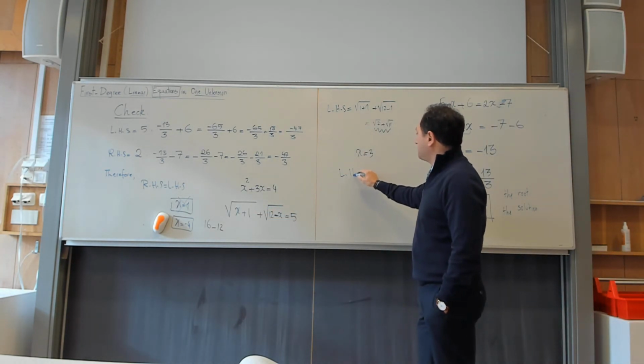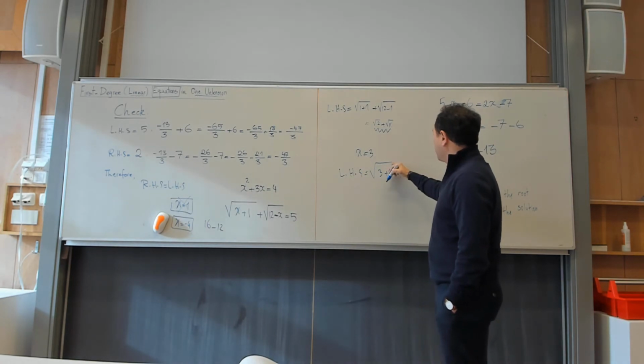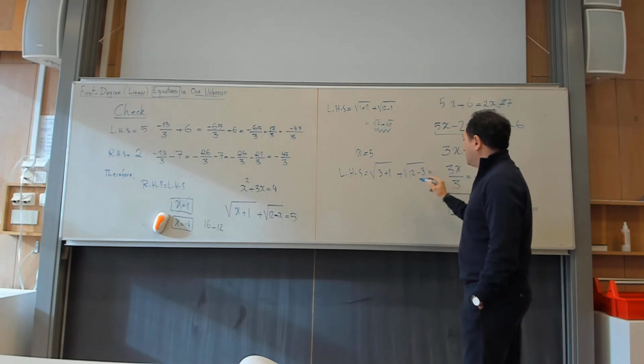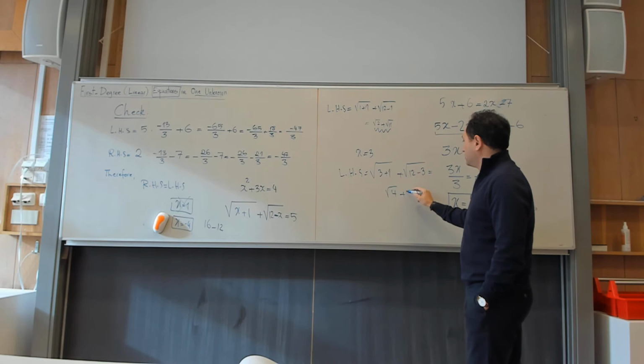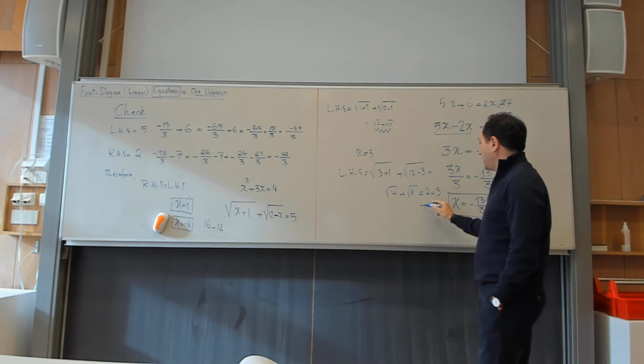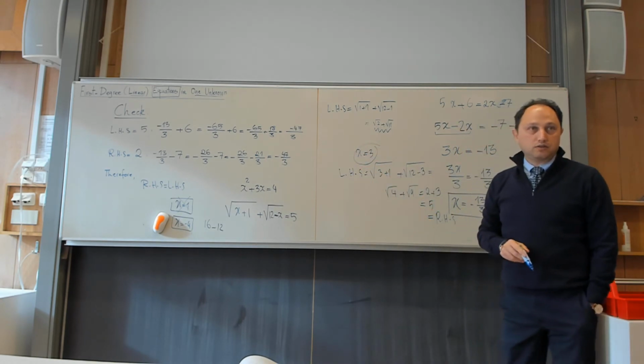The left-hand side becomes the square root of 3 plus 1 plus the square root of 12 minus 3, which is equal to the square root of 4 plus the square root of 9. The square root of 4 is 2, the square root of 9 is 3. If I add them, it becomes 5. And this is exactly the right-hand side. So for that value, the left-hand side is equal to the right-hand side.